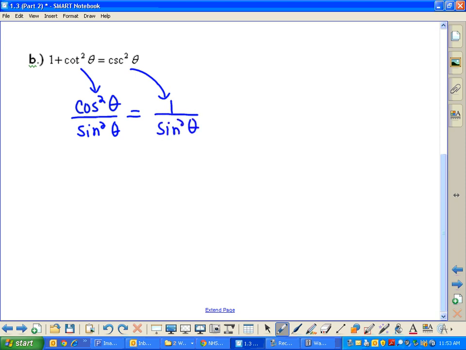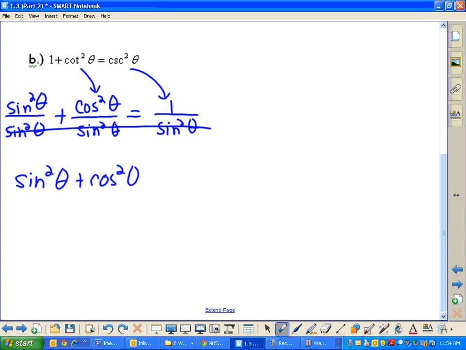And then if you want to write 1 so that it has sine squared theta on the bottom, well, you need the sine squared theta on the top. And you'll see that we basically divided the entire problem by sine squared theta. By our division property of equality, that kind of means it never happened. So what you actually end up getting is sine squared theta plus cosine squared theta equals 1 in using your identity. So that looks really, really good.